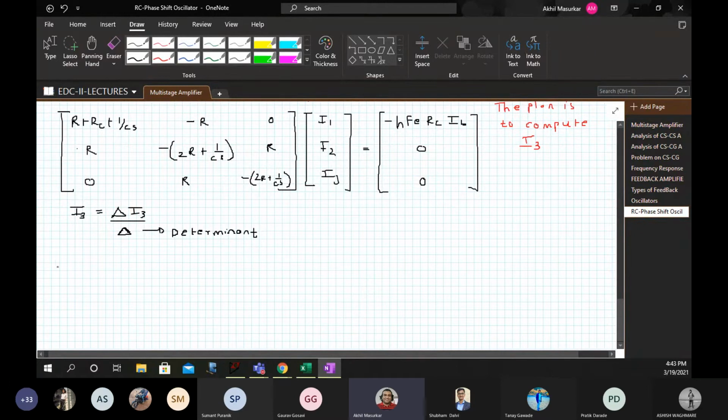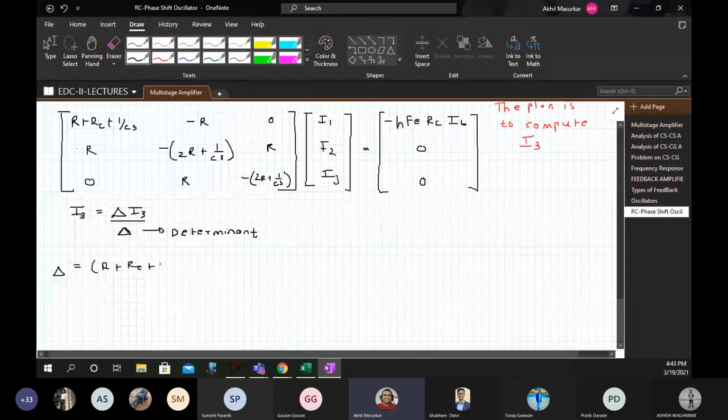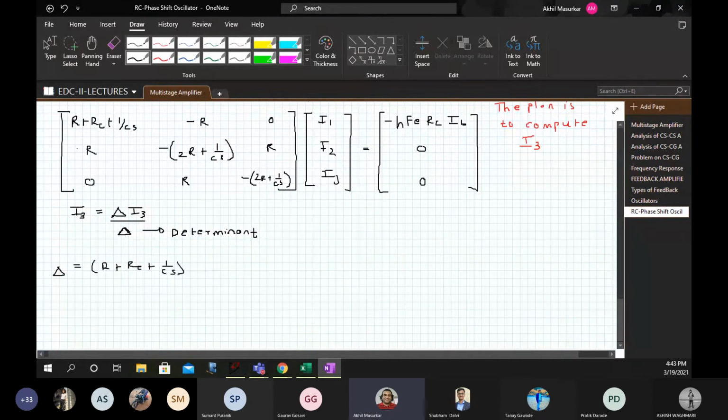So now I will write delta is equal to R plus RC plus 1 by CS. So this is the first term, into, we cross multiply these two, so I'll get (2R plus 1 by CS) the whole square, minus R square.